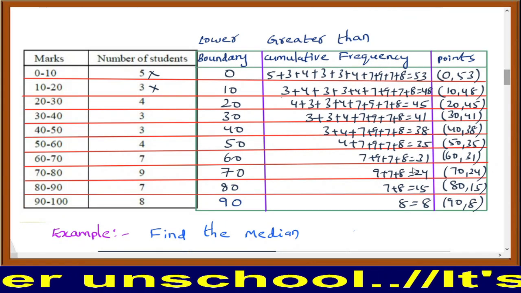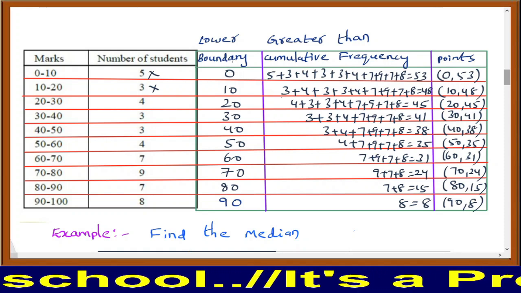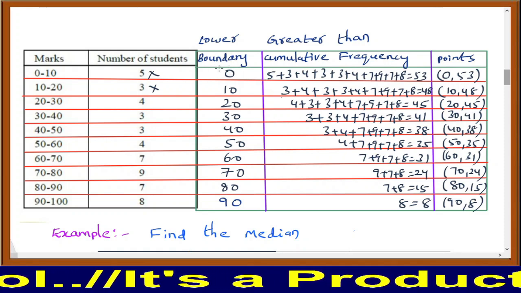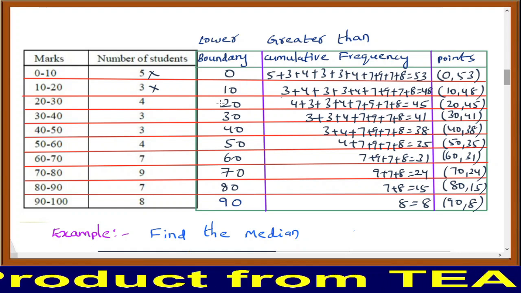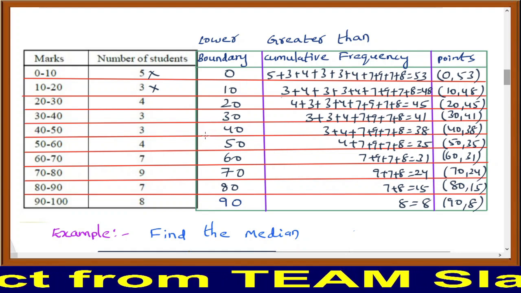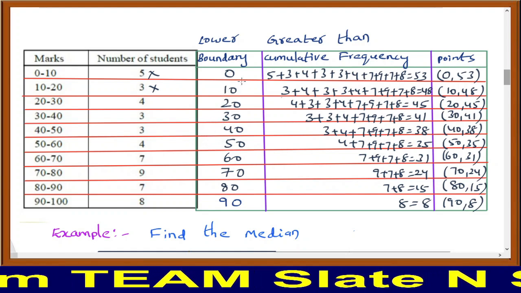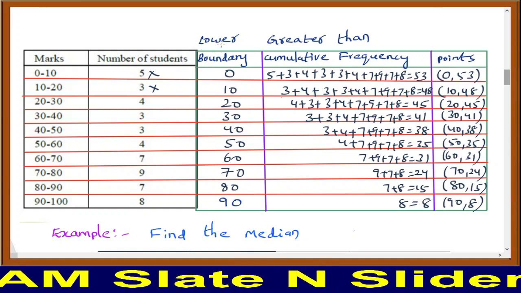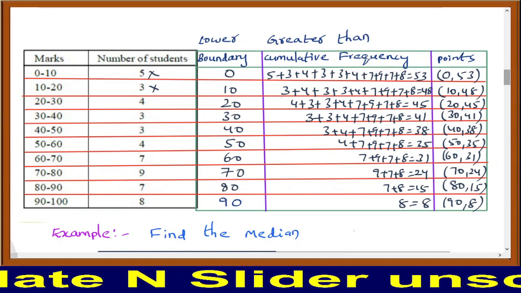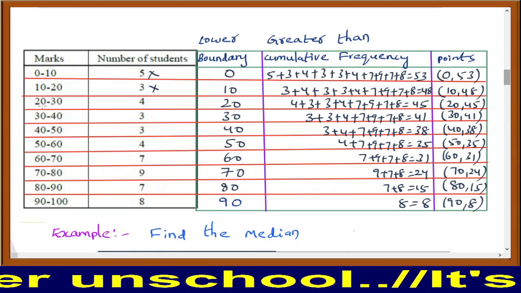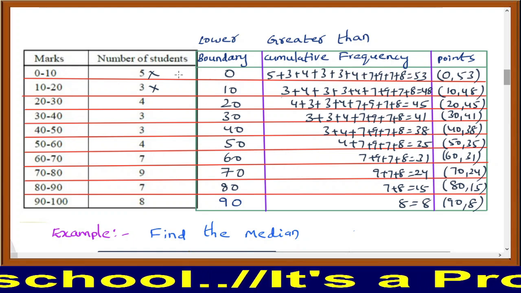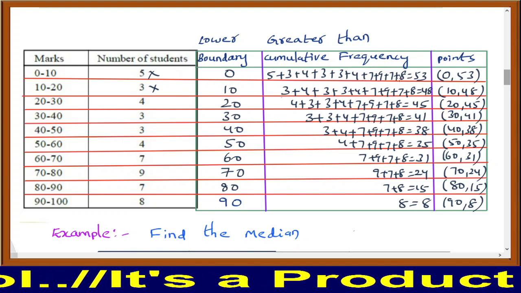So if you are given more than 10, more than 20, more than 40, more than 50 like that, then you have to suppose that you are given lower boundary and greater than cumulative frequency. For that table also you have to draw the class intervals, frequencies, and we can find the median.